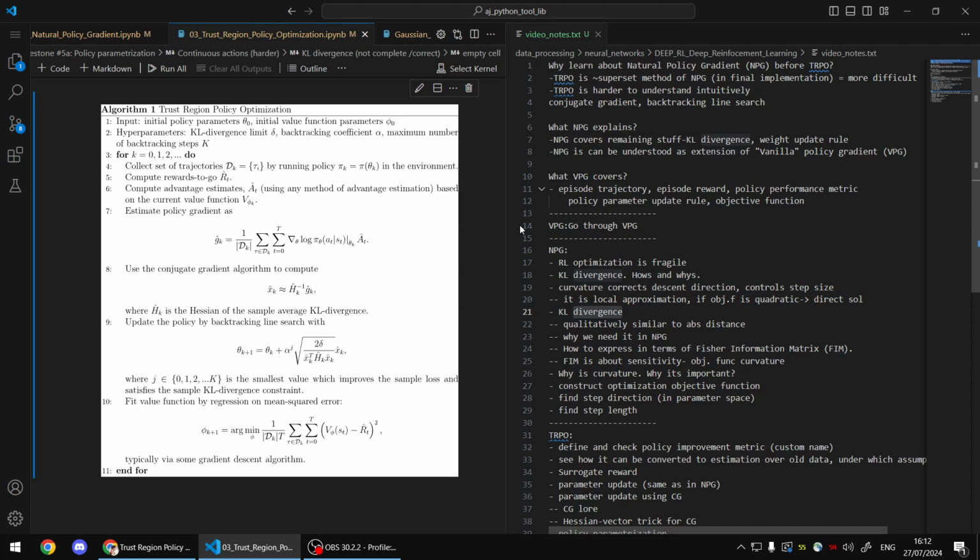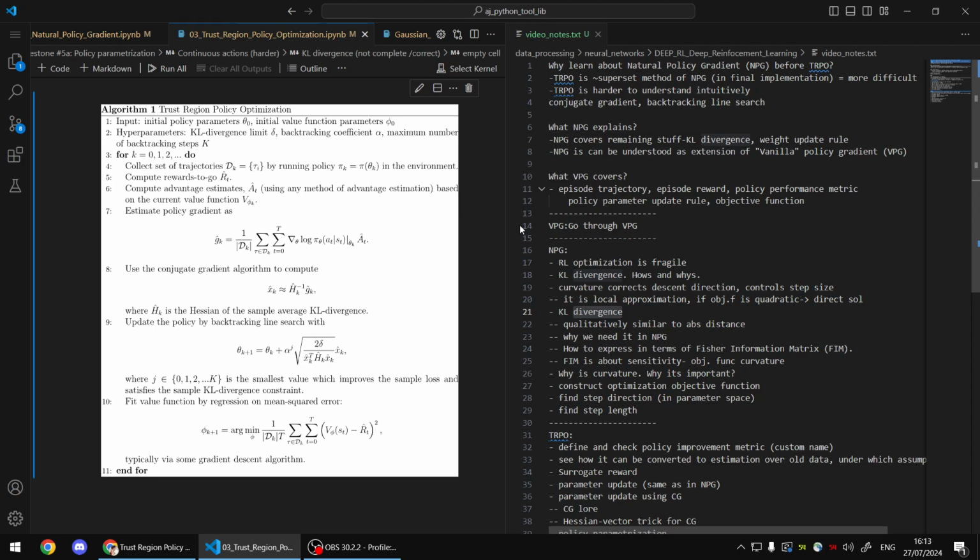But what I propose is that we get a good grasp of natural policy gradient, and then I will try to extend it to trust region policy optimization. So this is our goal, basically. We will repeat vanilla policy gradient briefly. Maybe I will give some interpretation, some interesting aspects, ideas.